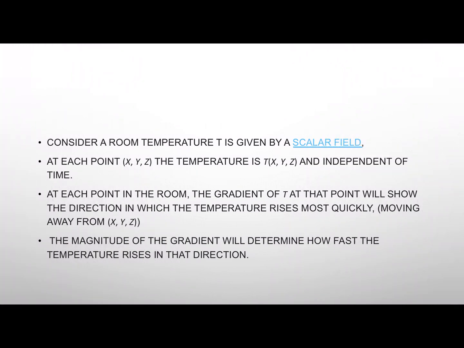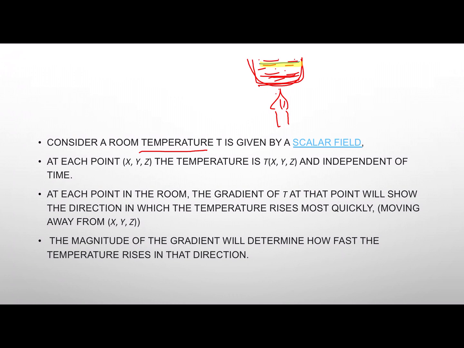Consider room temperature given by a scalar field. At each point x, the temperature is independent of time initially. At each point, the gradient of T at that point will show the direction in which the temperature rises most quickly. The magnitude of the gradient will determine how fast the temperature rises in that direction.